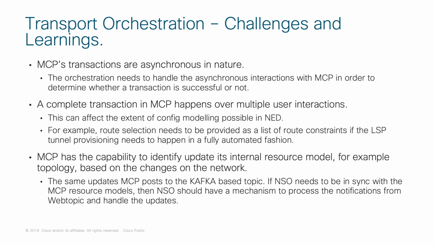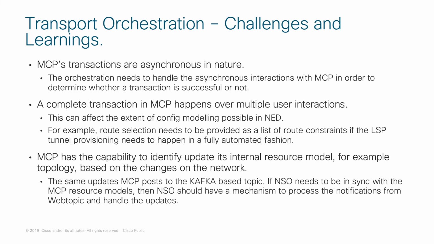So when we do it through NSO, we don't have the flexibility to find routes in between. We need to define the best available routes beforehand, before we can do the provisioning to MCP. So we are relying on the path information that is provided by the inventory system and modeled as a route constraint when we do the provisioning to MCP.